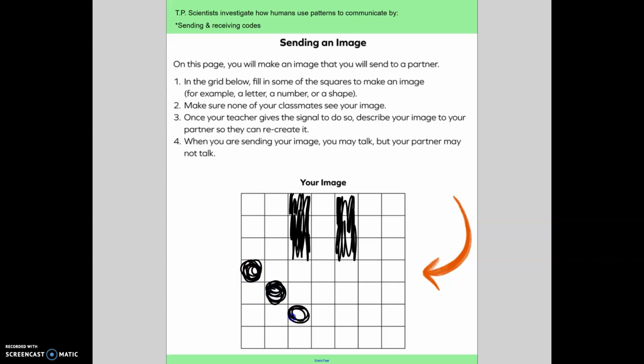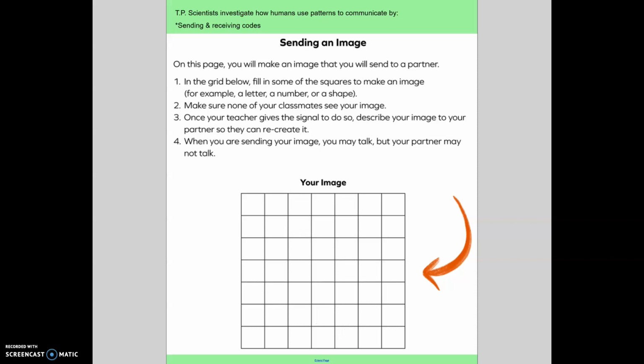Ooh, this is a scary looking smiley face. Okay, all right, cool. So here is my image. I'm going to try to describe that to my husband, and he's going to have to figure this out. All right. He can't ask any questions, and he can't look at mine. So here we go.